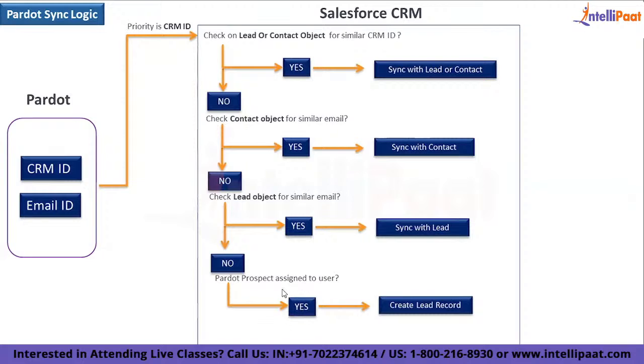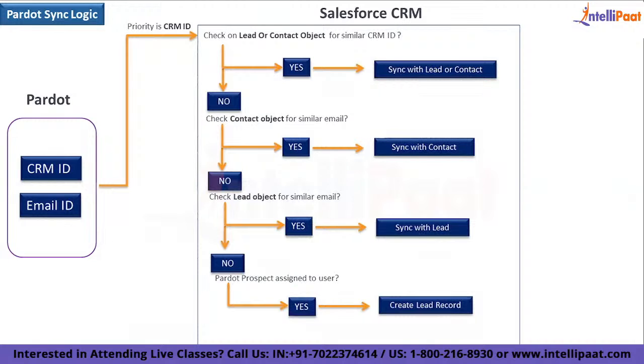If a lead needs to be created, there needs to be an assigned user. In Pardot, when we are uploading any record or when a prospect is created, a user needs to be assigned for sure. That needs to be the same user on the CRM. It will check whether the same user is available on the CRM.